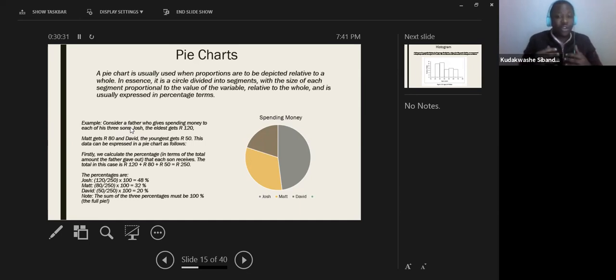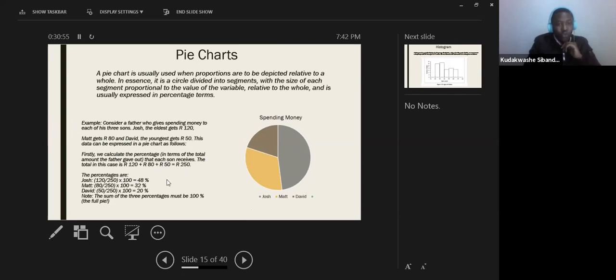So now a pie chart can allow us to see how much money Josh got compared to the total amount that the father gave all 3 of them. When we add all these 3 values, we get 250.